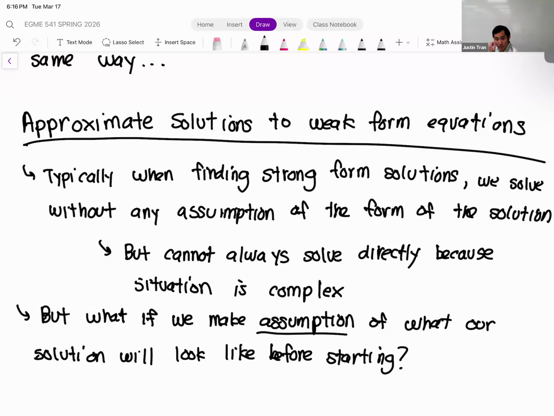We're basically saying it's going to be impossible in some situations to solve for a direct solution. But what if we make an assumption of what our solution looks like? In other words, we pre-assign a form of the solution. Because then that allows us to plug our assumption into our governing equation.